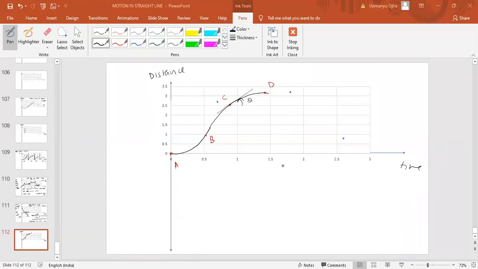B is also more. Okay, fine. So which has more angle, B or C? B. So if B has more angle, then B is the correct answer.